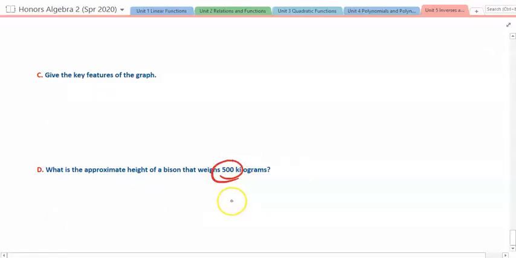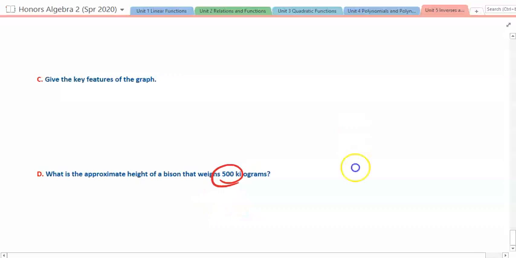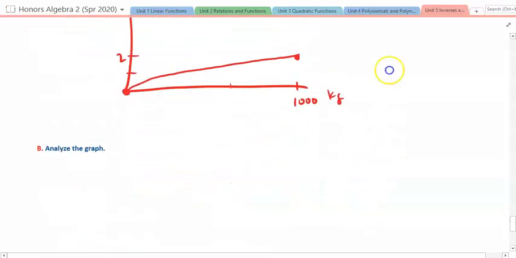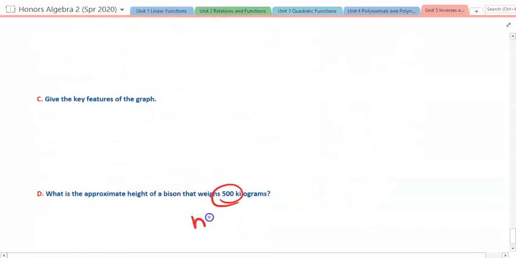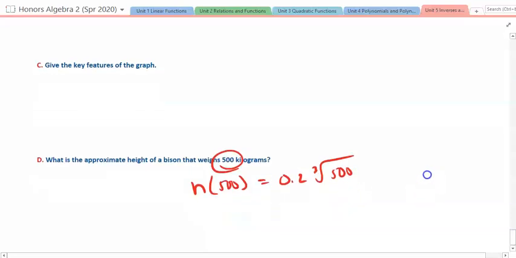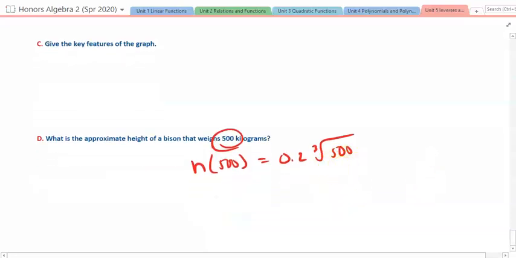That's just plugging into the function. So if I do, let's get our function back from up here, h of x. So h of 500 is equal to 0.2 times the cube root of 500. You would need to find the cube root of 500. So the cube root of 500 is about 7.937.